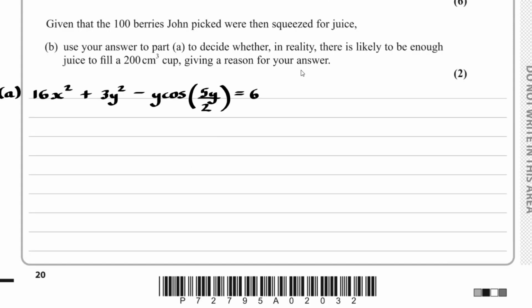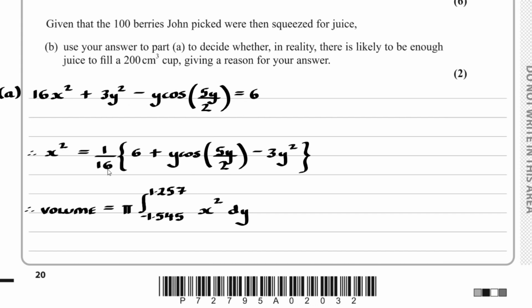So, to begin with, we've got our equation 16x squared plus 3y squared subtract y times the cosine of 5y over 2 equals 6. The volume is going to be given by pi multiplied by the integral of x squared with respect to y between minus 1.545 and 1.257. But what I need is x squared, so I can rearrange for x squared using this equation. x squared is the 16th multiplied by 6 plus y times the cosine of 5y over 2 subtract 3y squared.